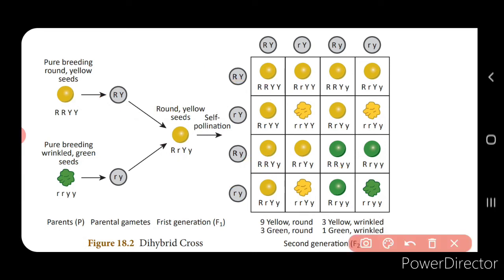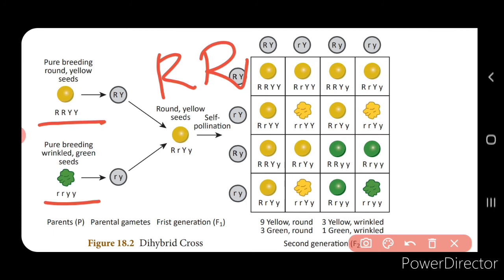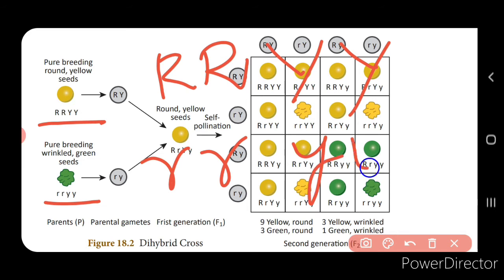So Mendel crossed pea plants having round yellow seeds with pea plants having wrinkled green seeds, right? Capital R represents the round seeds and small r represents the wrinkled seeds. Capital Y represents the yellow seeds and small y represents the green seeds.